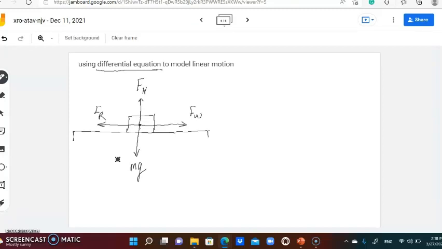Now, given that my object is not falling through my surface, we know that the sum of forces in the y direction will be equal to 0. My object is moving in this direction, so I know that the sum of forces in my x direction, according to Newton's law of motion, is going to be equal to mass times acceleration.